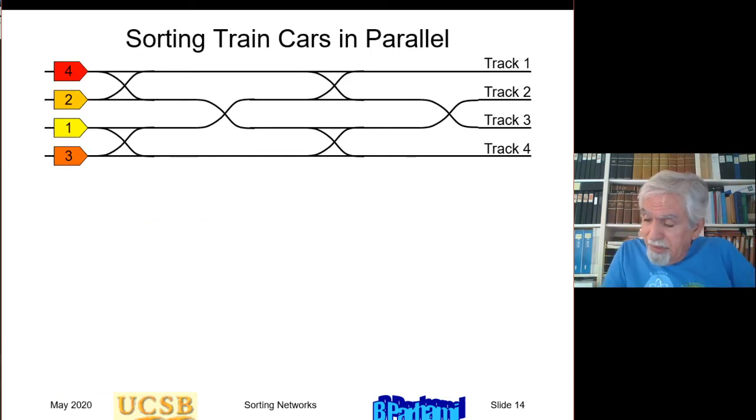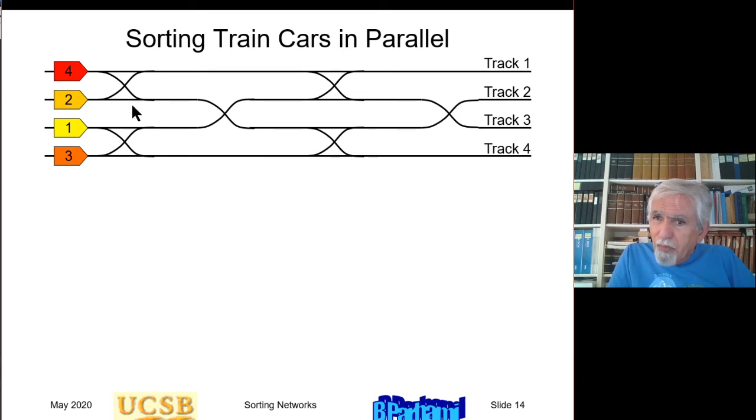Now, the connection to sorting networks. So imagine that I have 4 parallel tracks as shown here, tracks 1 to 4, and 4 cars or 4 trains. These can be trains, they don't have to be cars. And the numbering of the cars tells me which track they should end up at.